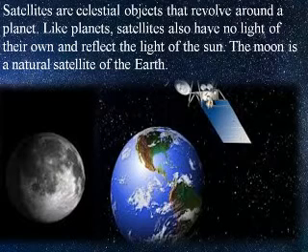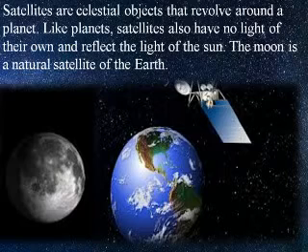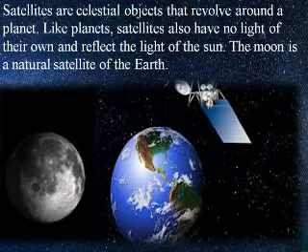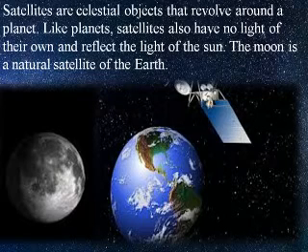So, dear children, satellites are celestial objects that revolve around a planet. In the same way, satellites have no light of their own and reflect the light of the sun. The moon is called the natural satellite of the earth.